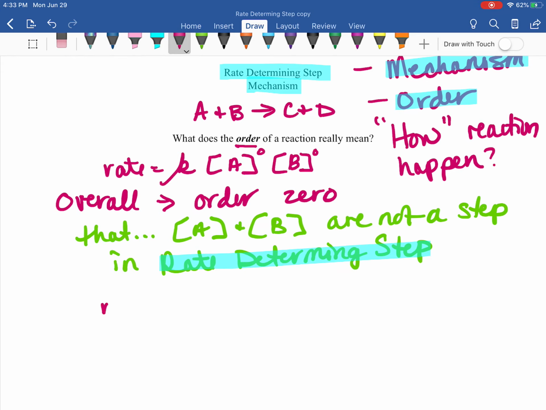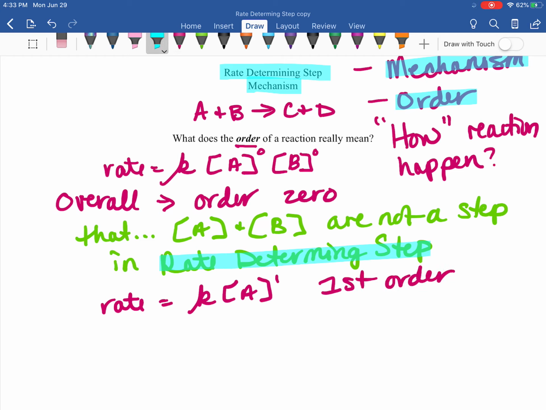So what about a first order process? How can we see a first order? Well, we can have just one species, right? And that would be first order. So that means that that species, whatever it is, is present in your rate determining step.